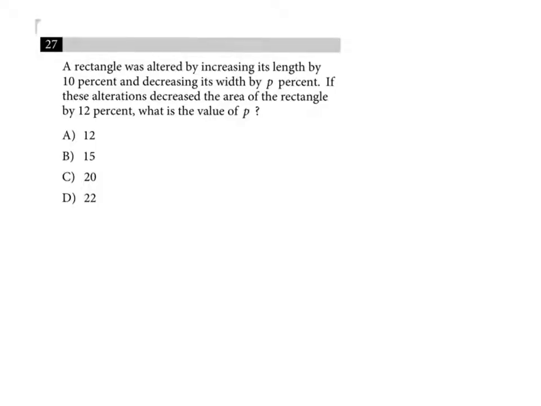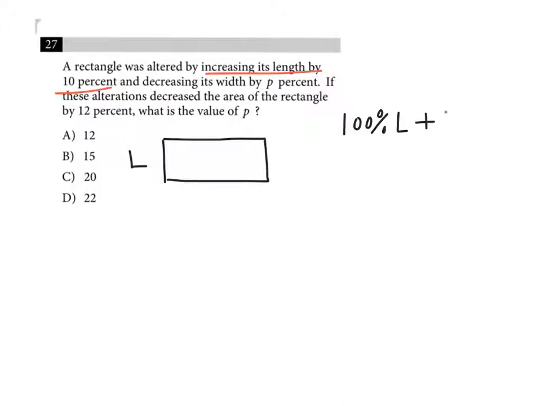Problem 27. A rectangle was altered by increasing its length by 10%. Okay, so we're going to have a rectangle. Its length is L, and we're increasing its length by 10%. So basically what we're going to be doing is we're going to be taking 100% of L and adding 10% of L. So 100% is just 1 if you move the decimal point 2 places to the left.